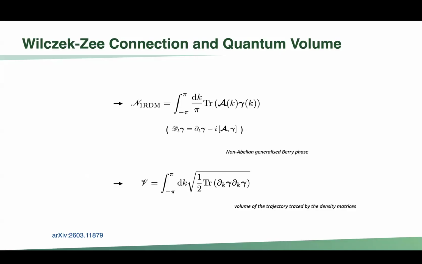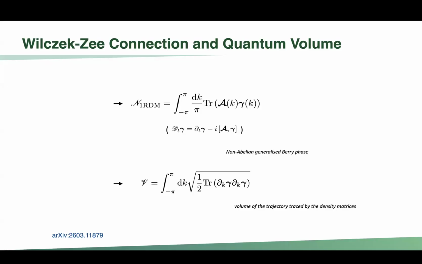Before moving forward and doing the irrep analysis, which is an ongoing project, we want to make sure that we are able to diagnose topology. And for that, we're going to use the Wilczek-Zee connection, which is a non-abelian generalized phase. And in principle, it will tell us the winding of the Wilczek-Zee connection, which is related by this covariant derivative to our one-body reduced density matrix.